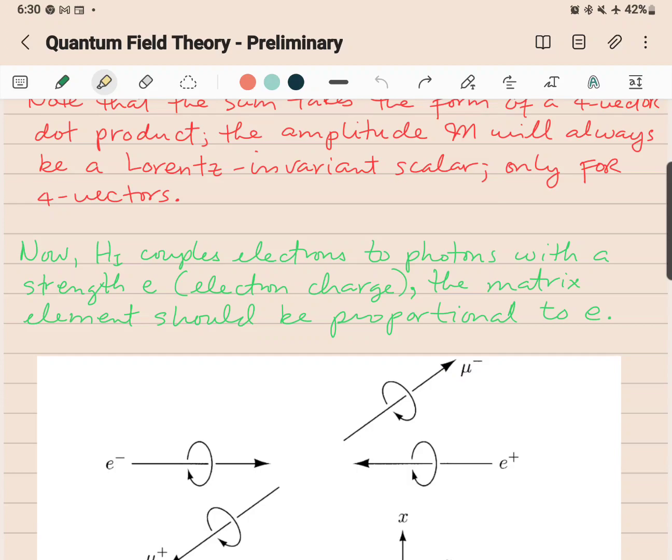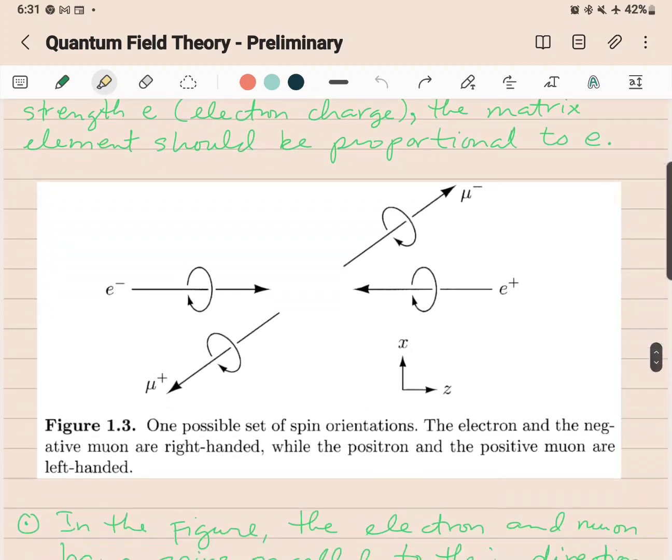Well, of course, the coupling constant would be 1/137 for electrodynamics, or for electromagnetic interaction. So the e there would have to be the charge of the electron, and the positron is the same as the mu minus and anti-mu on the other vertex. The matrix element should be proportional to e.